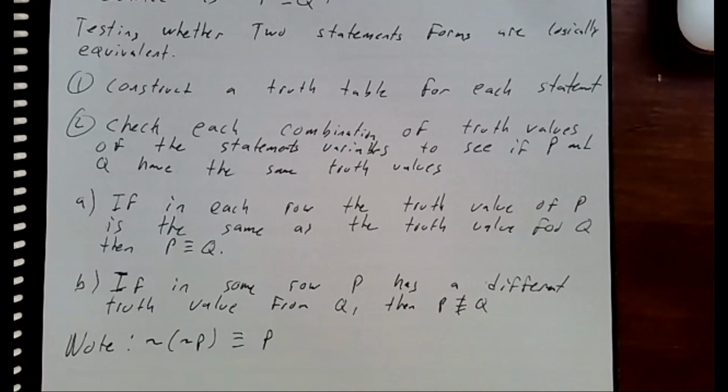That's like saying not P would be P. Does that make sense? Like if you said it's not daytime, you'd say, well, that means it is daytime. It's unnecessary to speak that way, but it would be logically equivalent to saying that it is daytime.